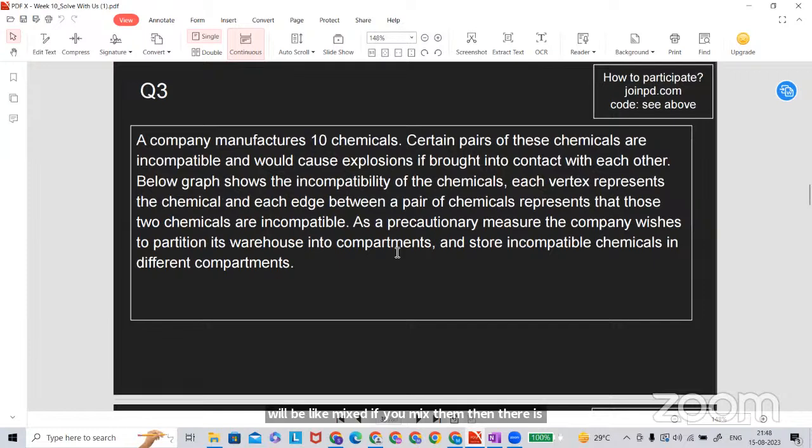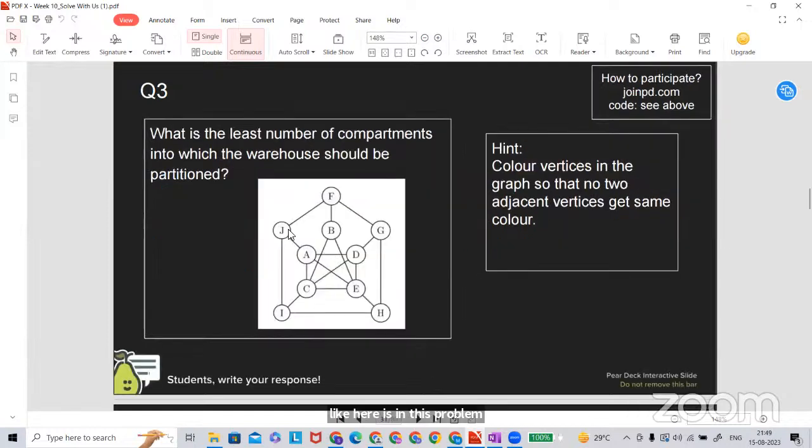Below is a graph. This graph shows the incompatibility of the chemicals. Each vertex represents a chemical. Edges represent the pair of chemicals. In this problem, the vertex represents the chemical and an edge says they are compatible.